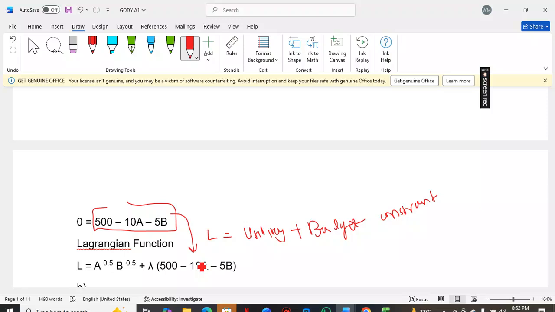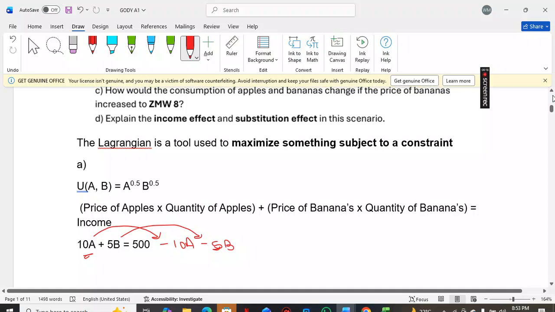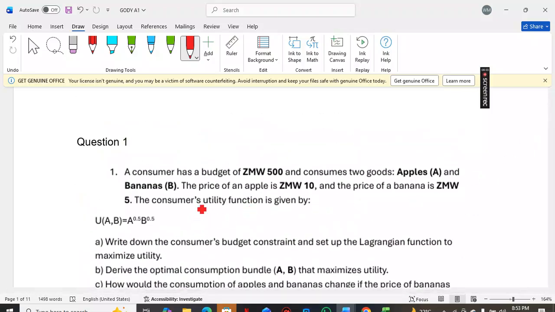Okay. Maybe I'm behind because I didn't see the question too well. Here's the question. The consumer has a budget of 500 and consumes two goods, apples and bananas. As you can see in part B here, this is where we're going to find the quantities. Yes, in part B you are going to find the quantities.